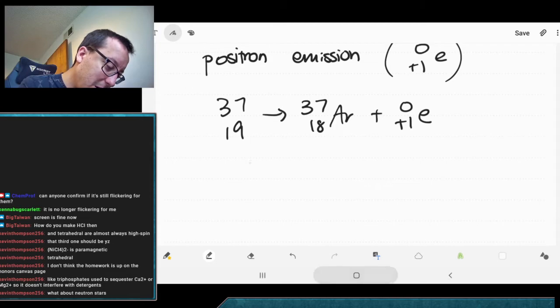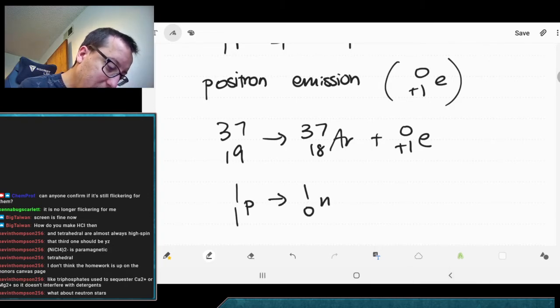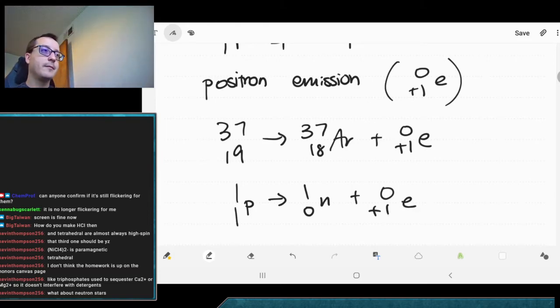We're taking a proton and splitting it into a neutron and a positron overall. So take that proton, and now it's transitioned into a neutron, and in the process released a positron.